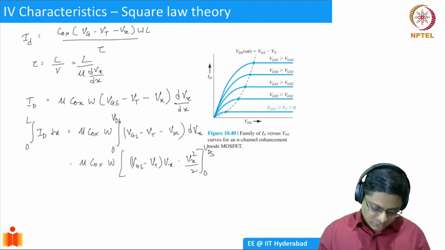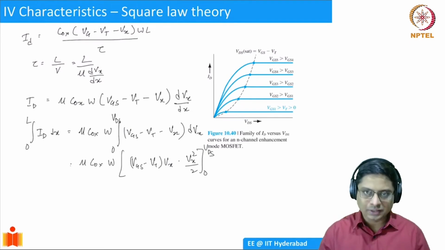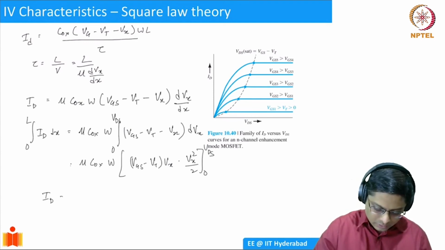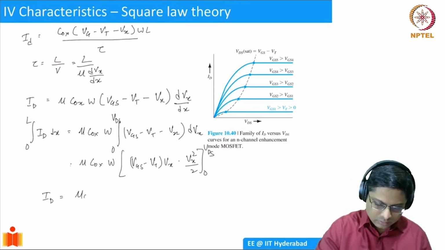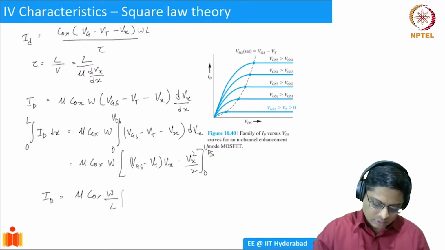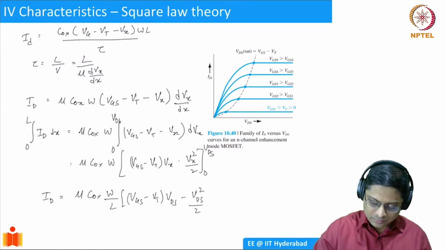So if you substitute the limits, and on the left side you have 0 to L, I'll take the L to the other side. If I do that, what I get is ID equal to mu Cox W by L times VGS minus VT times VDS minus VDS square by 2.